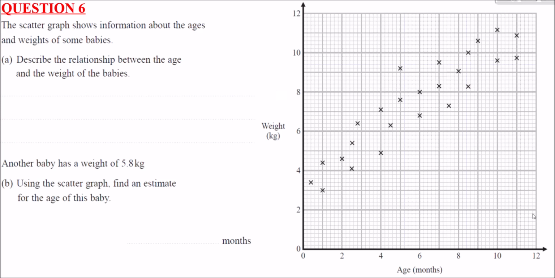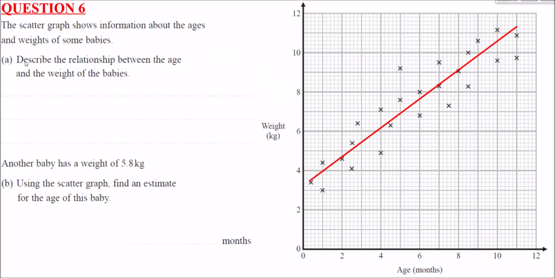Something down here, which is near none of these points, those points are called outliers. So the line of best fit ignores the outliers and goes through the main trend. So my version of my line of best fit is this here. Yours might be slightly different, and that's absolutely fine.